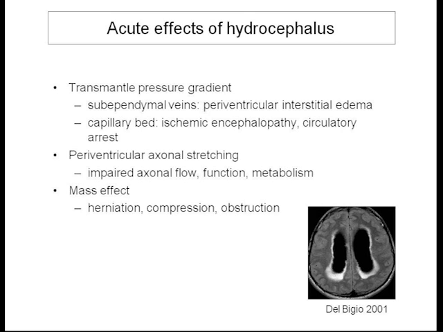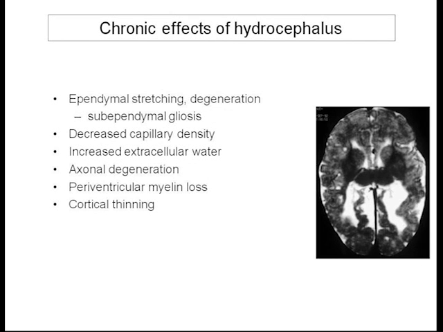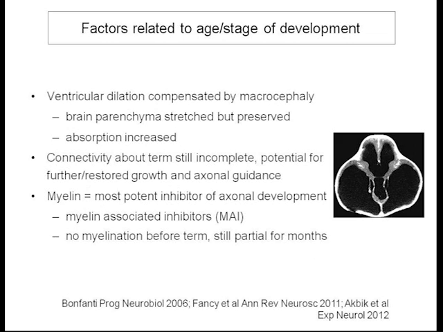You have the periventricular stretching of the axons, impairing the axonal flow, and the mass effect. And you have the chronic effects of hydrocephalus, which is the gliosis of the subependymal region, decreased capillary density, increased extracellular water, and so on, that has been described.